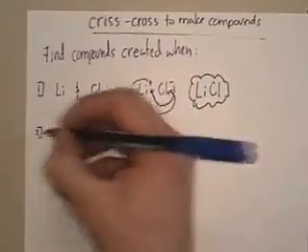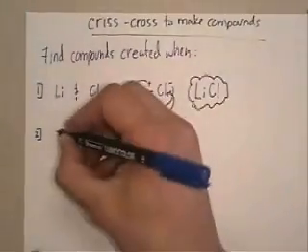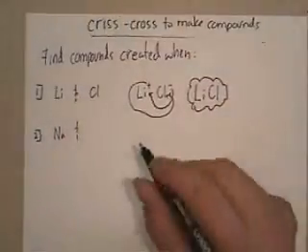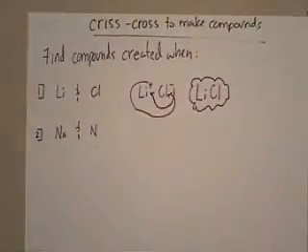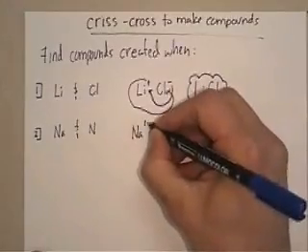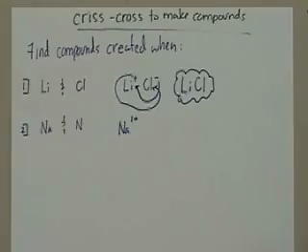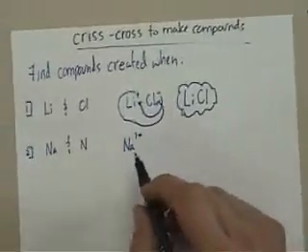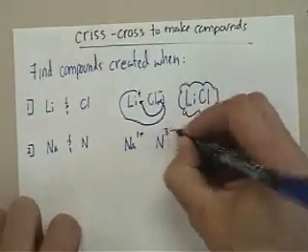Let's do another example, something where it's not 1 and 1. So let's take sodium, and we're going to mix sodium with nitrogen. Now you're going to go look up sodium. It is 1 plus. You notice I put it as a 1 plus here and I put it as a plus there. They mean the same. The nitrogen, we look it up and you find that nitrogen is 3 minus.